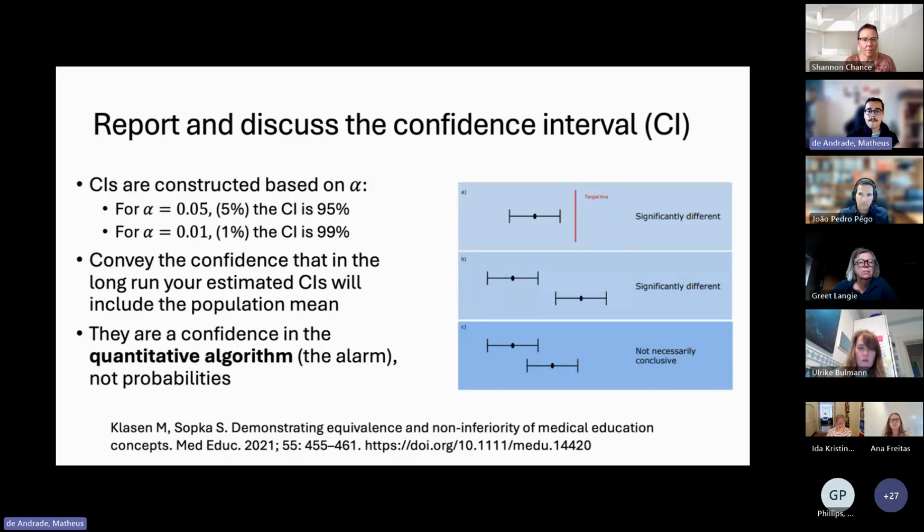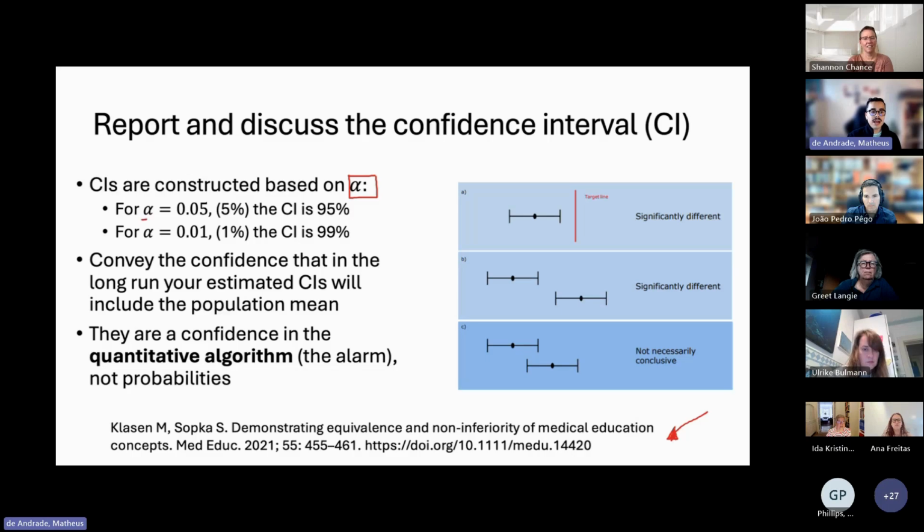So just to give you some more information on the confidence interval, I leave a really good reference here in medical education that really expands the idea in a brilliant way. The confidence intervals are constructed based on the probability of a false positive.